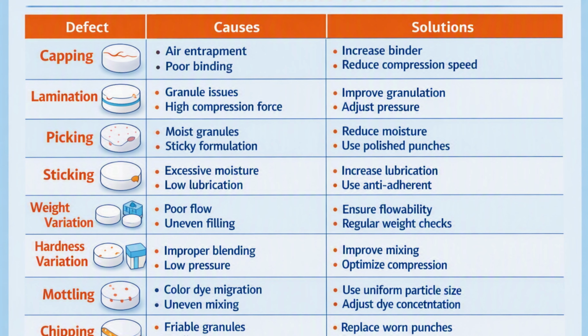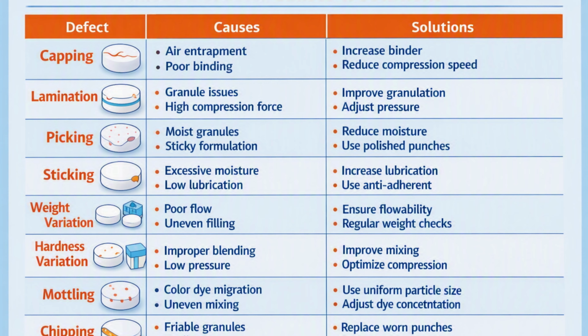Weight variation is the result of poor flow of the powders or ingredients from the hopper at the time of punching. It increases the risk of weight variations in the tablet. Then lastly, hardness variation. Hardness variations may result from improper blending of the powders as well as the punching process.